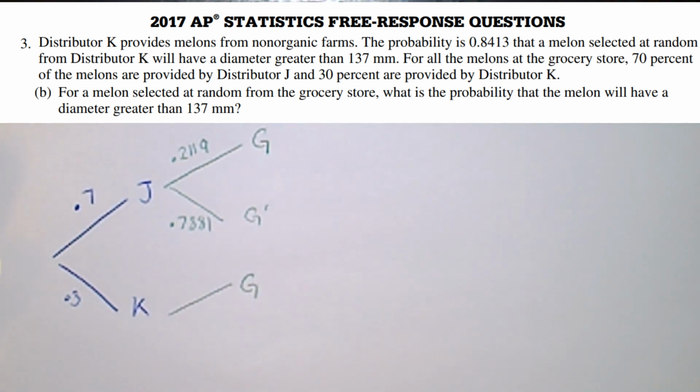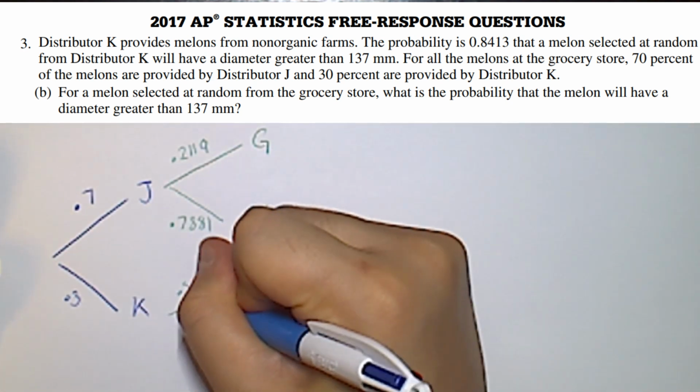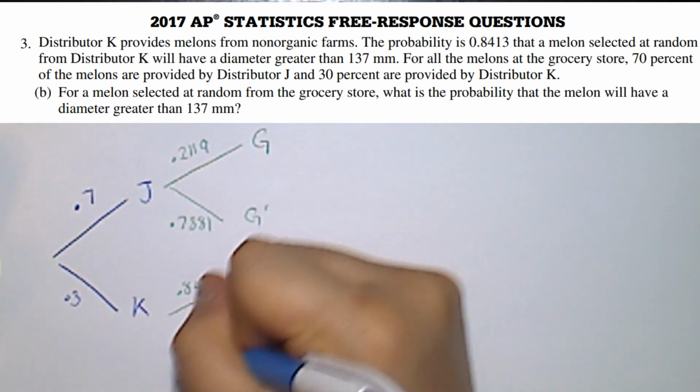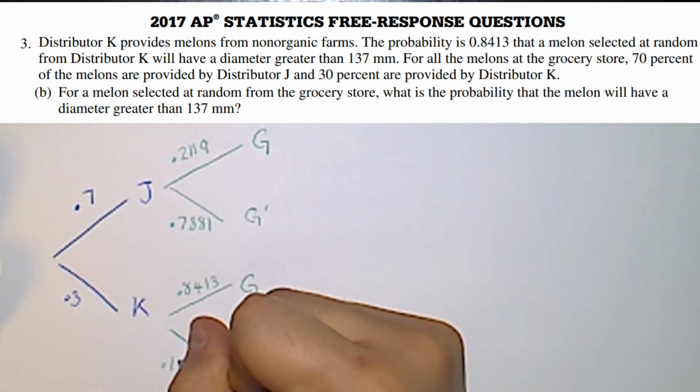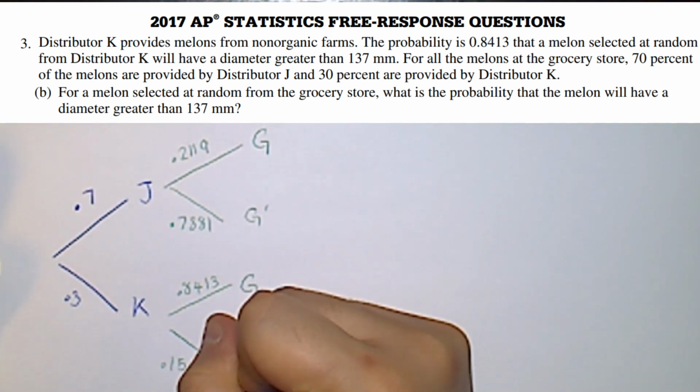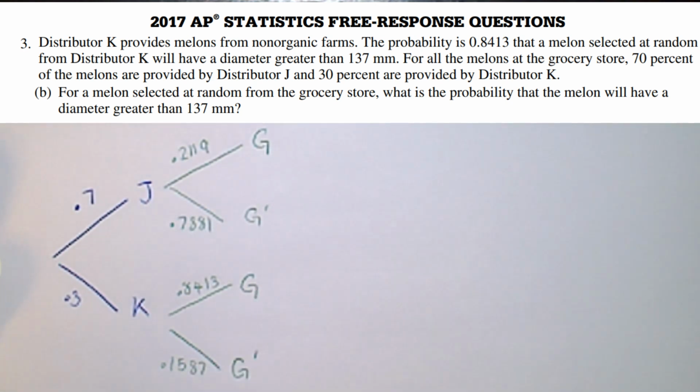For distributor K, it was given to us. They said diameter greater than 137 was 0.8413. Once again, making a complement of 0.1587.